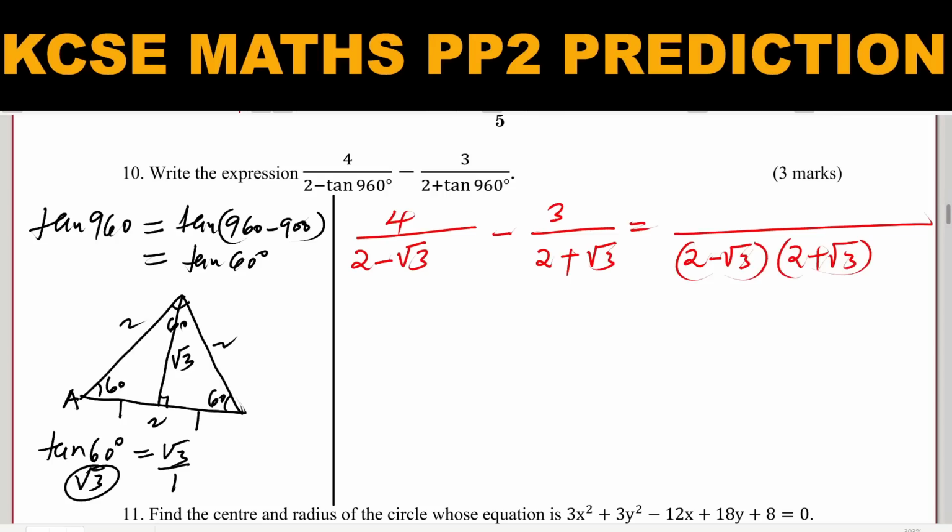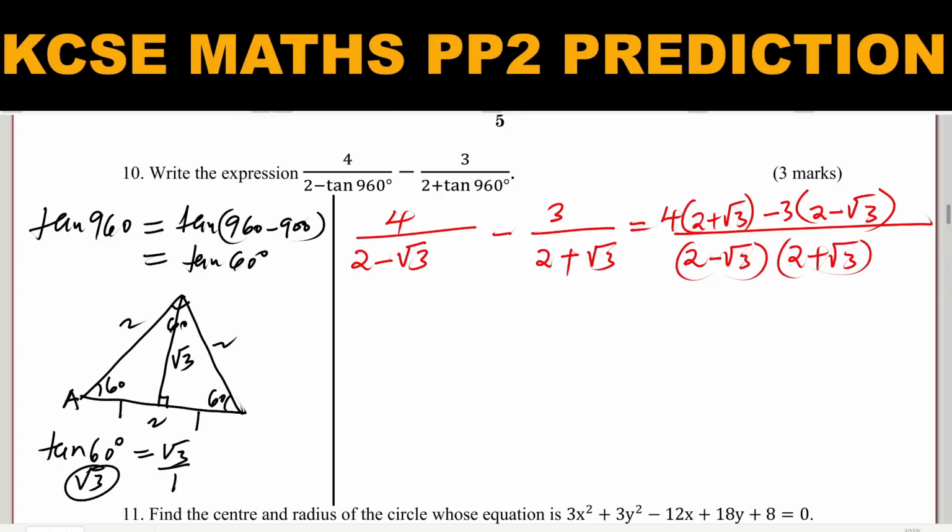So from there, you divide by 2 minus root 3, 2 plus root 3, divided by 2 minus root 3. So you shall have here 4, then 2 plus root of 3, then subtract 3, then this will be 2 minus root of 3.